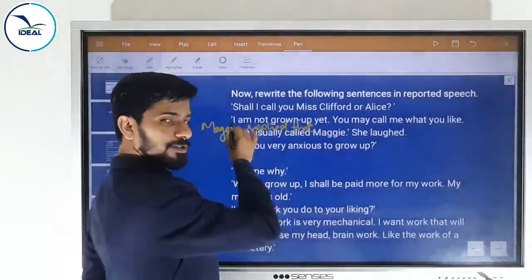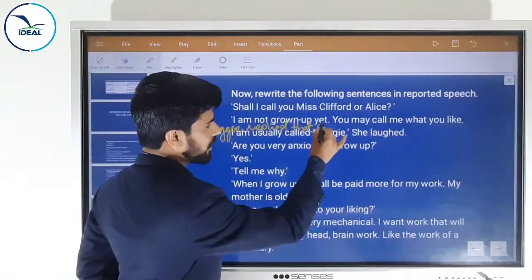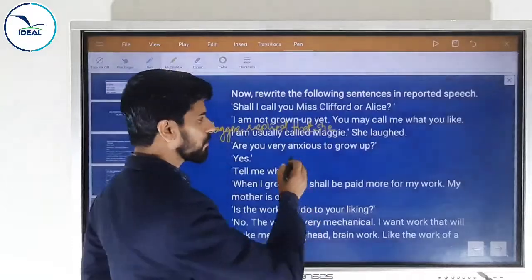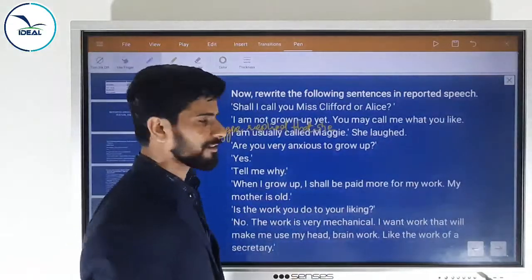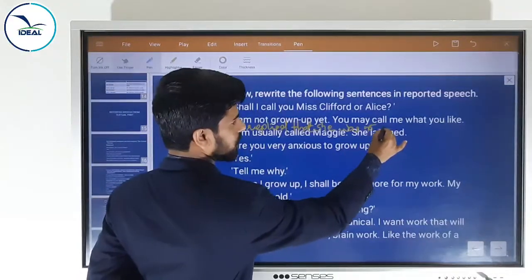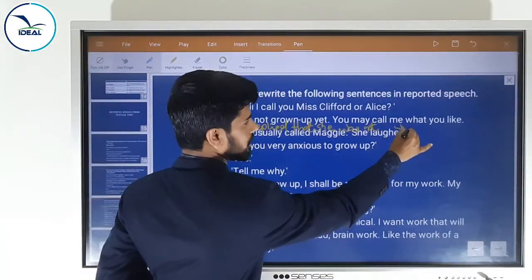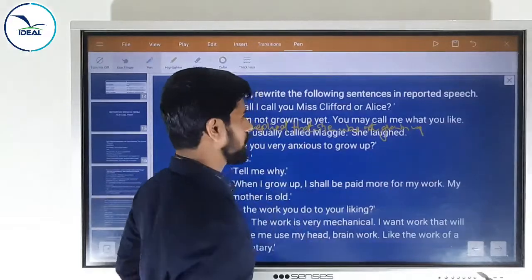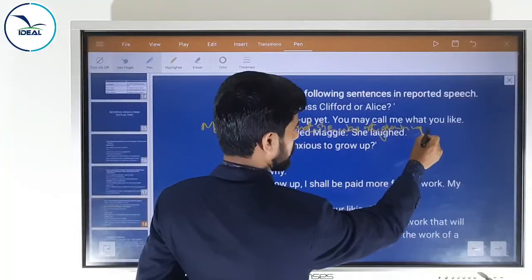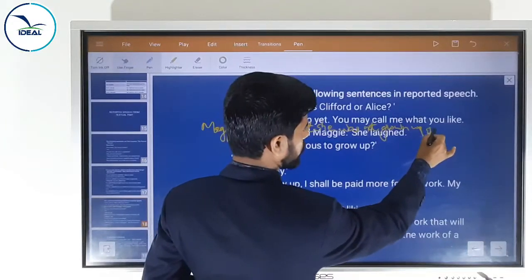Replied that. Instead of I, you can write she. Am not grown up yet. Am is the present tense, right? Then you can write she was not grown up. She was not grown up yet.